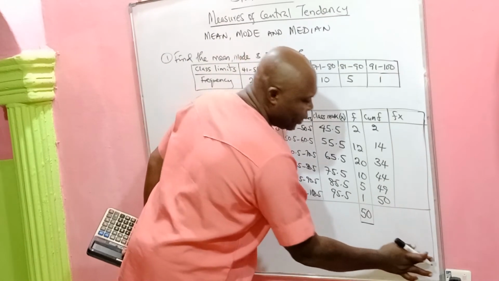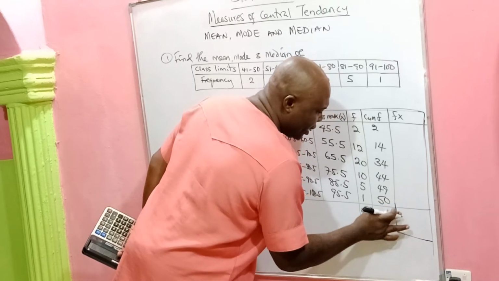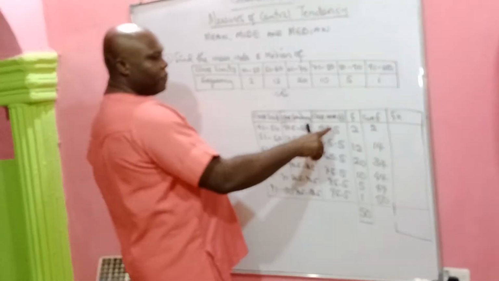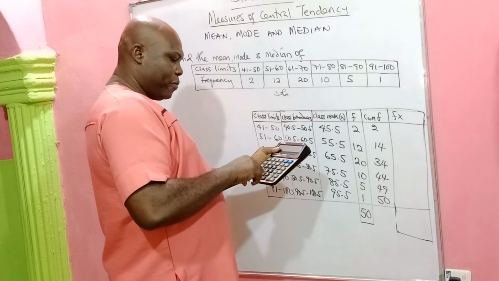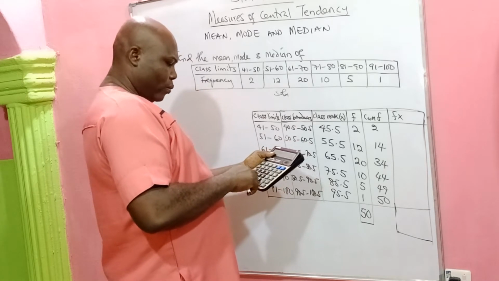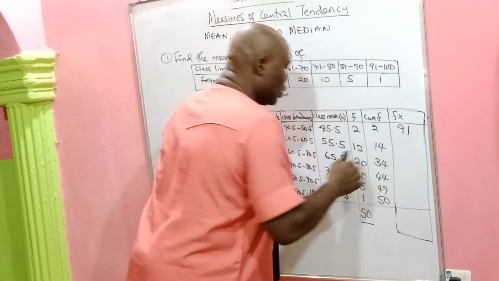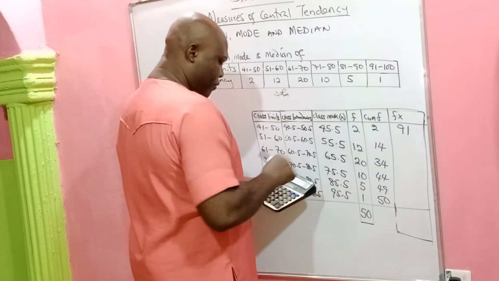And then finally, we need the last thing, which is frequency times x. So we need our frequency times x. Alright, so which is the multiplication of x here, the class mark, times frequency. Alright, so 45.5 times 2 will give us 91, I believe. Alright, 91. So the next one, 55.5 times 12.